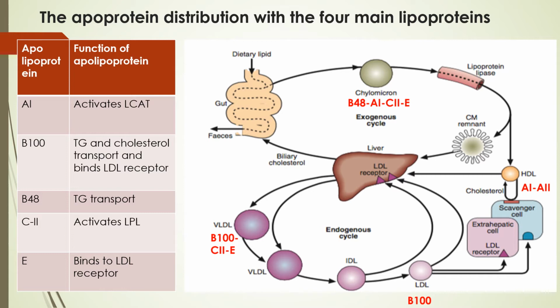As mentioned earlier, apolipoprotein A1 activates lecithin cholesterol acyltransferase. The B100, which functions in triglyceride and cholesterol transport and serves as a recognition particle for the low-density lipoprotein receptor.